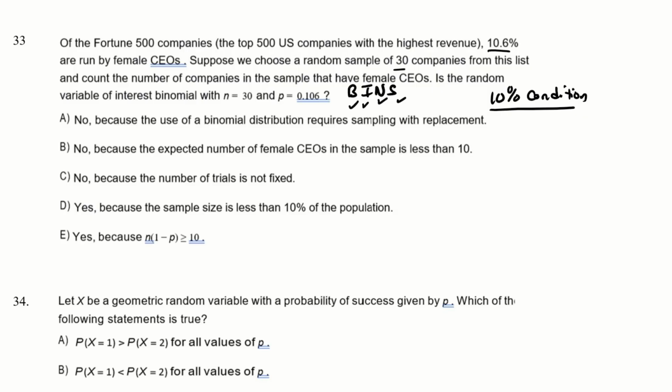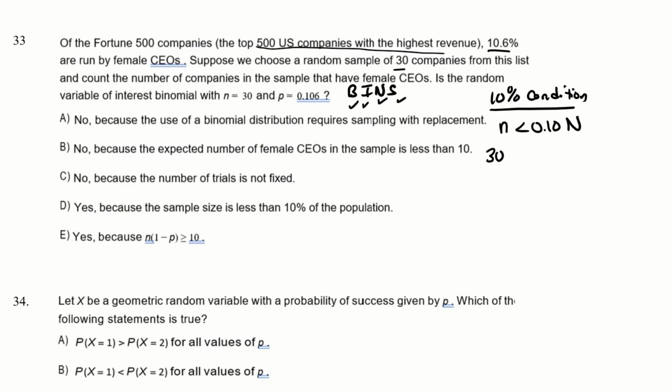All right, the 10% condition states that the sample size has to be less than 10% of the population, okay? So here we have 30 people. Now, is that less than 10% of the population? Well, we have the top 500 U.S. companies, guys.